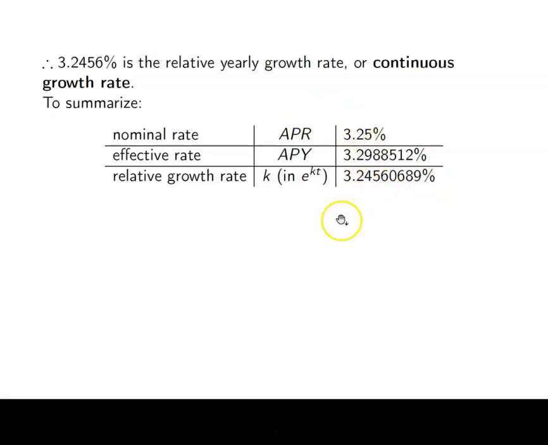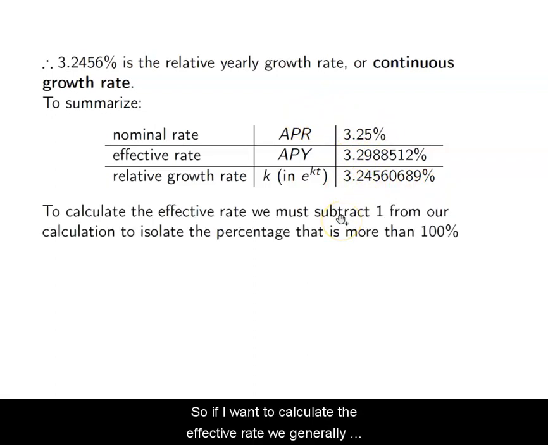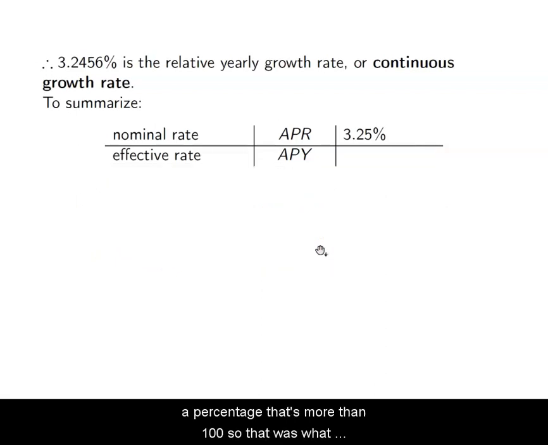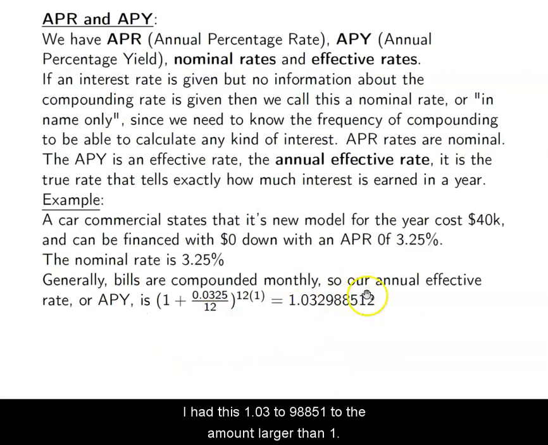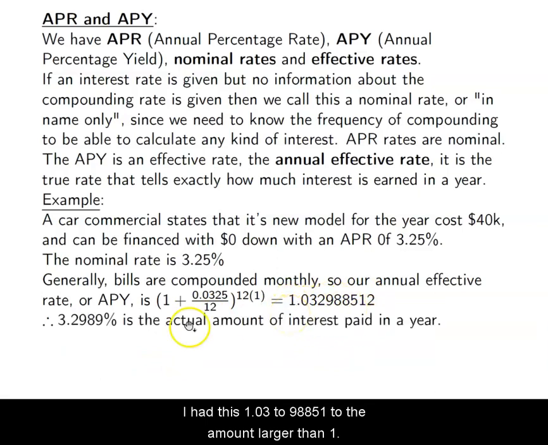It's very close. So if I want to calculate the effective rate, we generally have to subtract 1 from our calculation in order to isolate our percentage that's more than 100. So that was what we did here. When I had this 1.032988512, the amount larger than 1 is my growth, right?